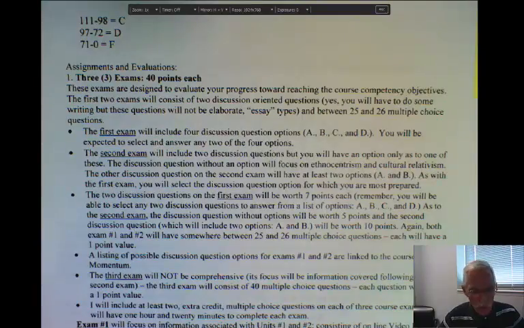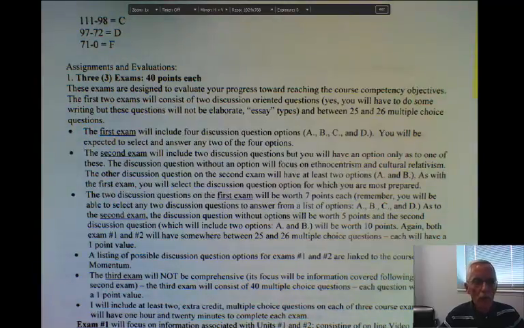You will note as you read through the syllabus on pages 5 and 6 in particular that the first 2 exams are going to include a combination of multiple choice questions and discussion questions. Now, discussion questions are going to involve you doing some writing, but they're going to be fairly specific. And you will note, once you get on to Momentum, that I've included a listing of discussion question options that are going to be included on the first and the second exam.